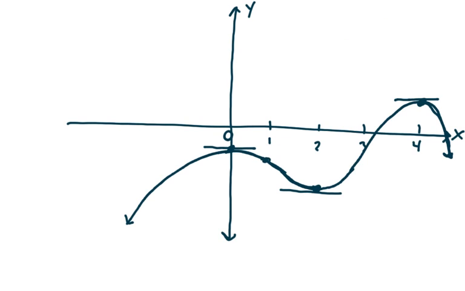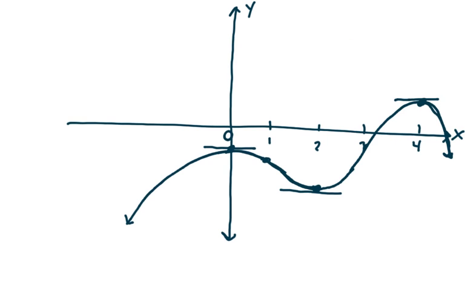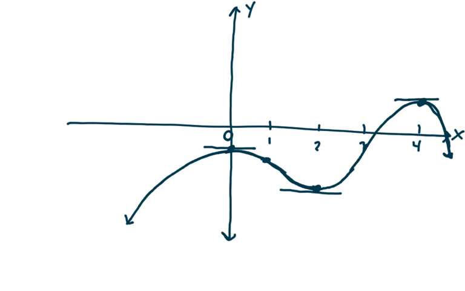So from 1 to 3, certainly the function's concave up. So that condition's been met. And then f is concave down from negative infinity to 1. That's true. And it's concave down from 3 to infinity.